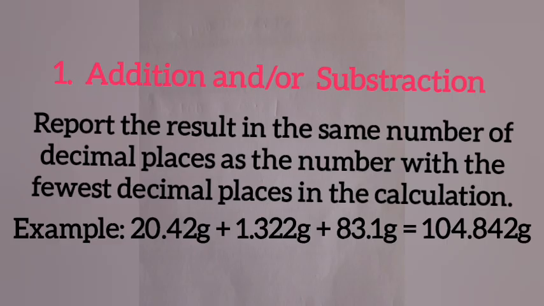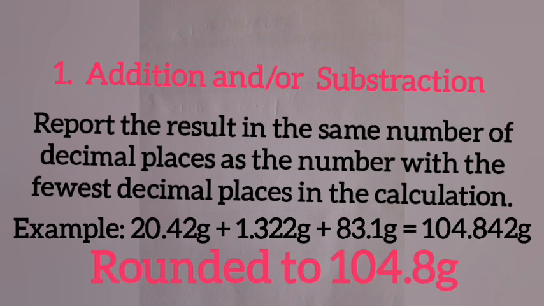The rule says report your results in the same number of decimal places as the number with the fewest decimal places in the calculation. Hence, our results are reported in one decimal place.